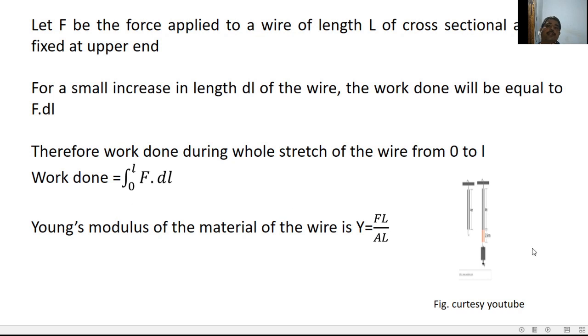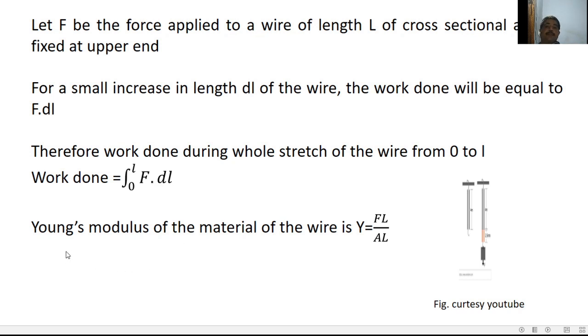The total work done during the whole stretch of the wire is obtained by integrating from 0 to l, so work done is equal to the integration from 0 to l of F into dl.